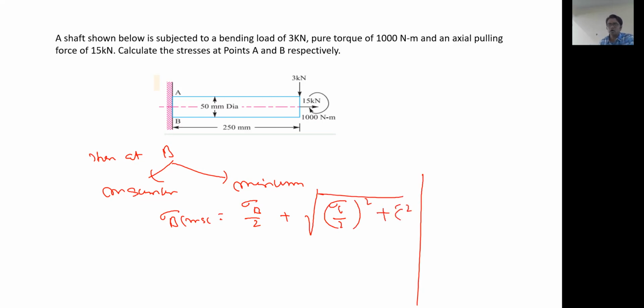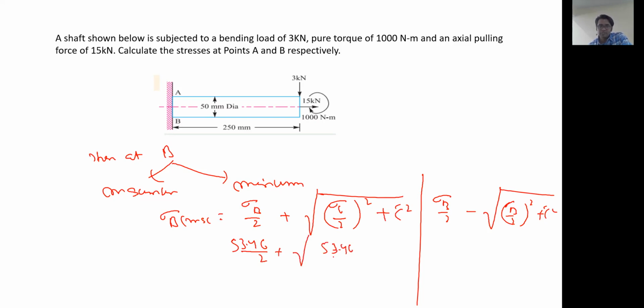Now, to find the minimum one, we have sigma B by 2 minus square root of sigma B by 2 the whole square plus tau square. Right, and if we put in the respective values, we get plus square root of 53.46 by 2 the whole square plus 40.74 the whole square. And here we keep the same thing, but our sign changes, so it will be minus.